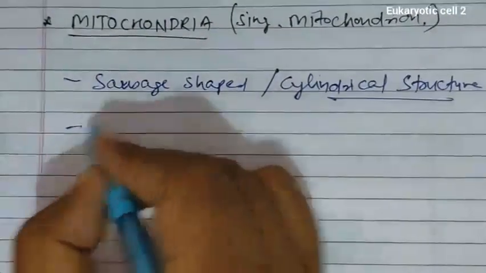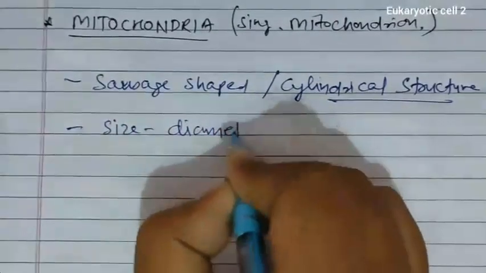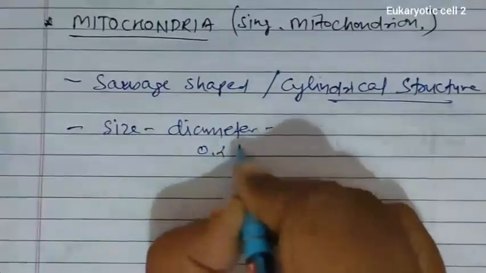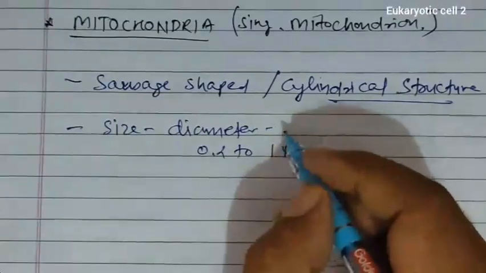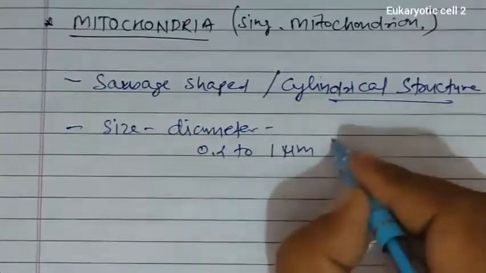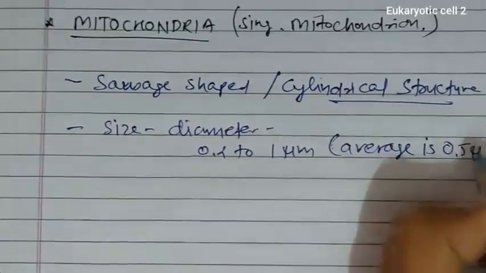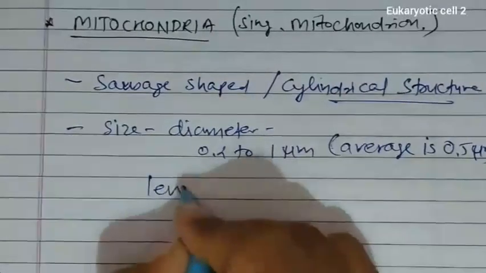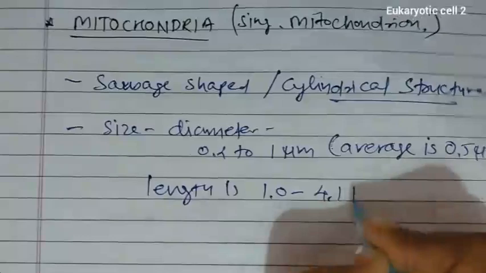It is a sausage shaped or cylindrical structure. In terms of size, its diameter ranges from 0.2 to 1 micrometer, and the average is 0.5 micrometer. Length is 1 to 4.1 micrometer.